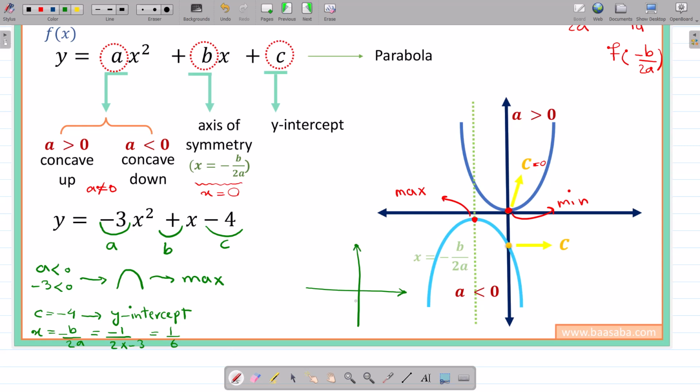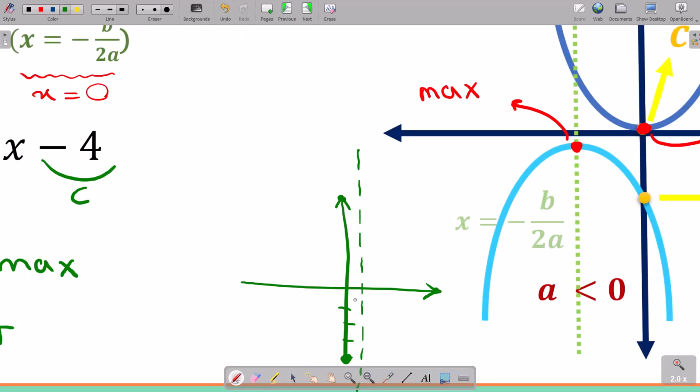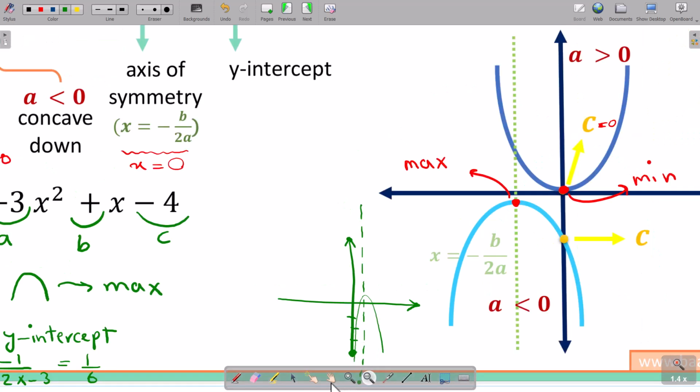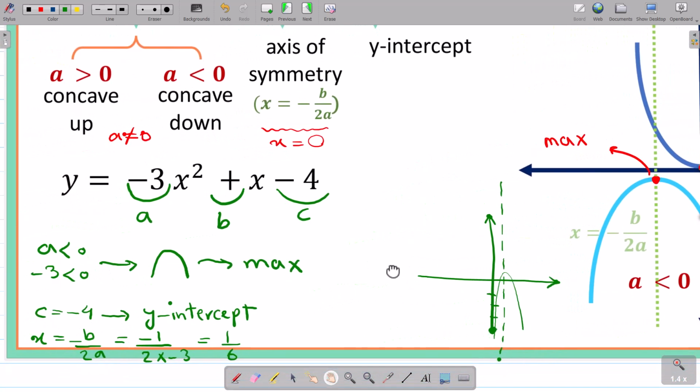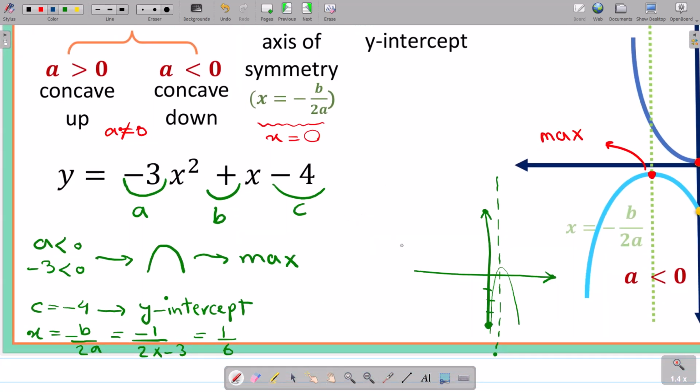The y-intercept is -4 here, and the symmetry line is here, almost here. So our quadratic function will be something like this. We don't know anything about its zeros or anything else, but we can approximately say that it is something like this.